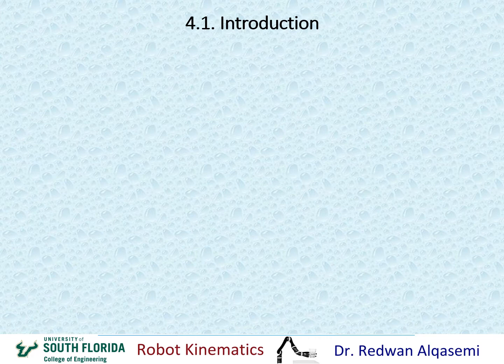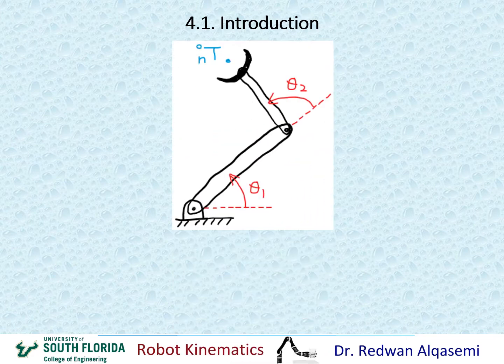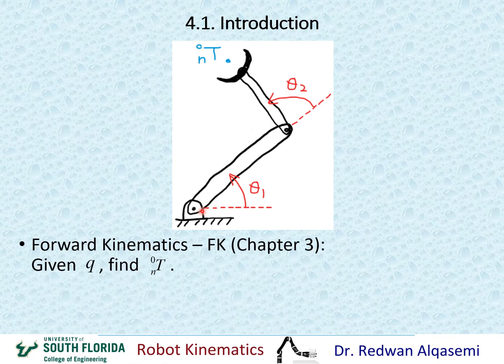For introduction here, I would like to show some differences between chapters 3 and 4, forward kinematics and inverse kinematics. So in forward kinematics, which we have covered in chapter 3, we are given the joint angles, θ1 and θ2, and we are required to find the end effector transformation matrix or end effector pose that includes position and orientation of the end effector. So we run the forward kinematics so that we can find out the transformation matrix out of the joint values.